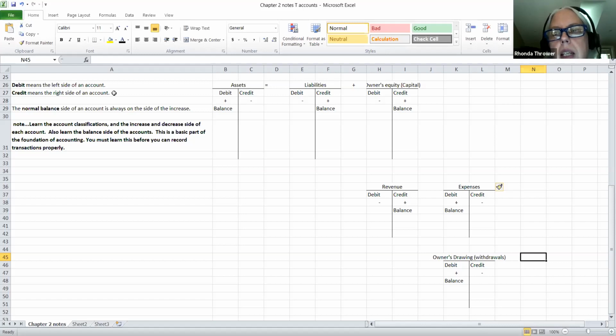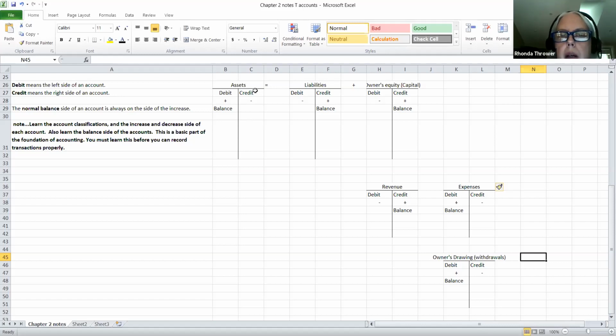So the only thing I want you to associate with your accounting terms is that debit means the left side of an account and credit means the right side of an account. It's very important that you learn which side of the account increases on.